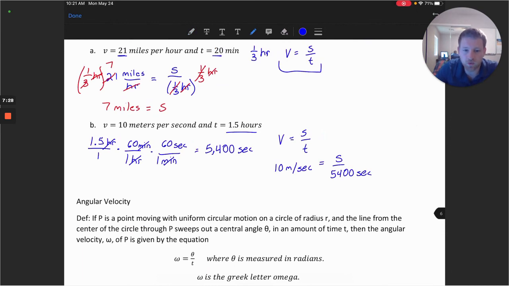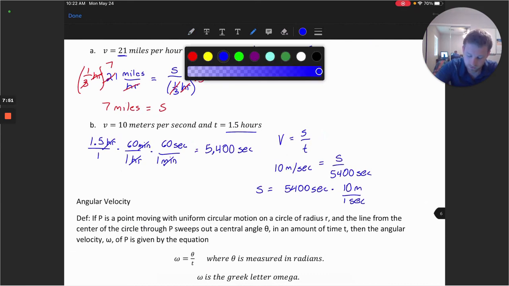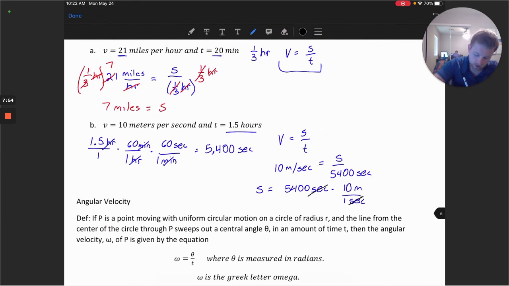I can multiply on both sides by 5,400. And so I have s is equal to 5,400 seconds times 10 meters per 1 second. And if I consider those cancellations for the seconds, I'm really just multiplying these two values, and we'll end up getting 54,000 meters for the total distance.